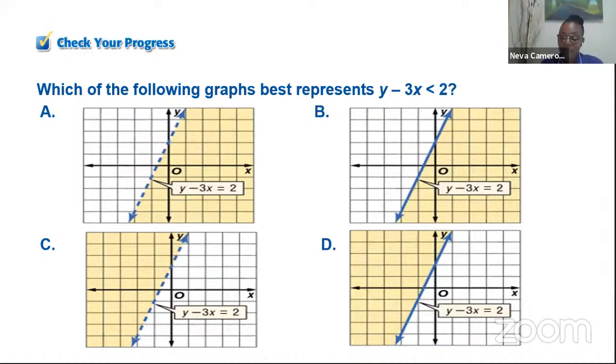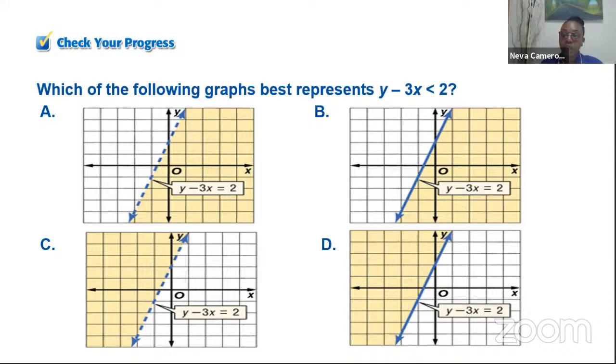Right, so let's look at B. I've seen some students on YouTube likewise share C, hopefully when we explain C. So we're looking at B. You are saying that because we are shading the region below the line, the option would be B. When we look at the line itself and it speaks to the inequality that is less than, so y take 3x less than 2, would that line be one with dots or one that would be straight?